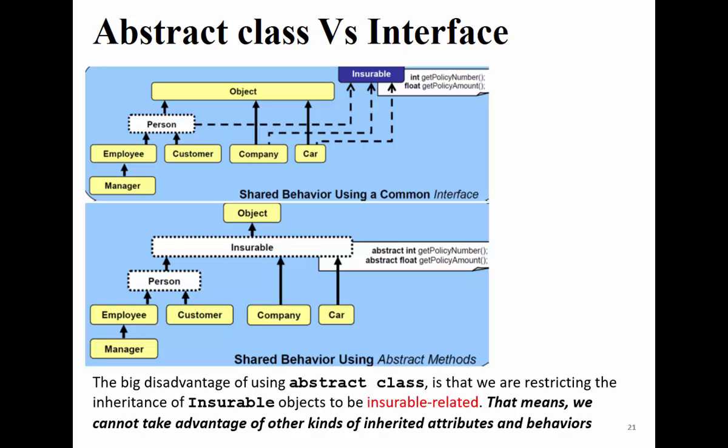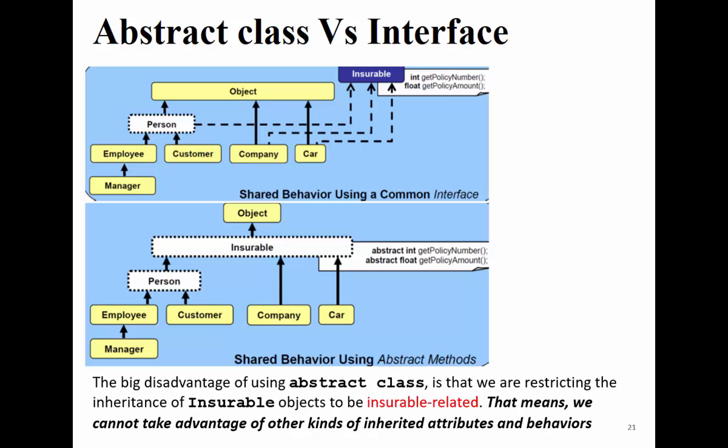But look at the hierarchy. If you want it to be on top, make it an interface. If you want it to be part of the Java hierarchy, make it the one on the bottom, which is the abstract class. Now, when you make it inside the hierarchy, you force everything into is-a relations, okay?